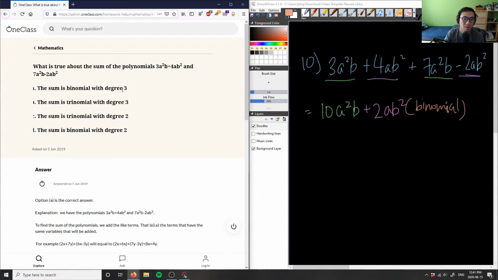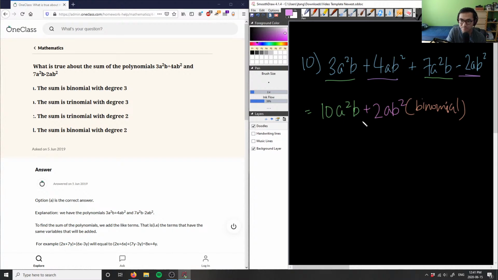If we want to find the degree of these options here, our degree is simply the sum of the exponents of these terms.